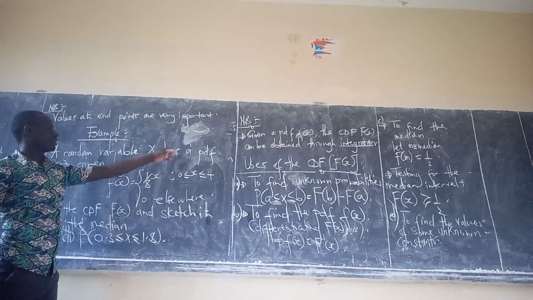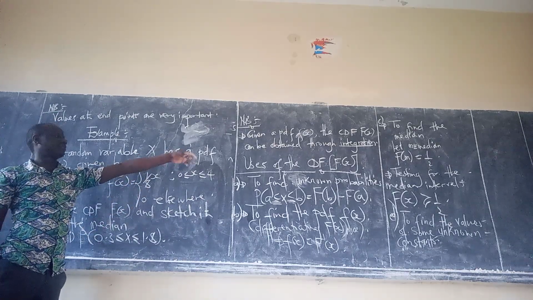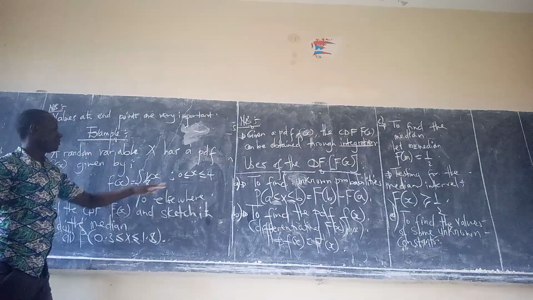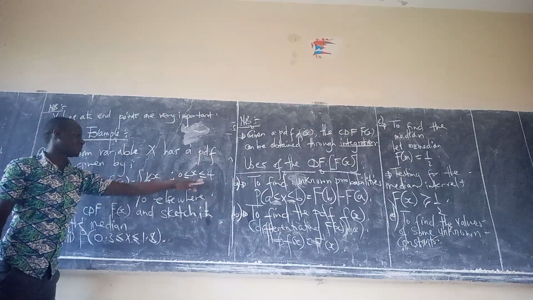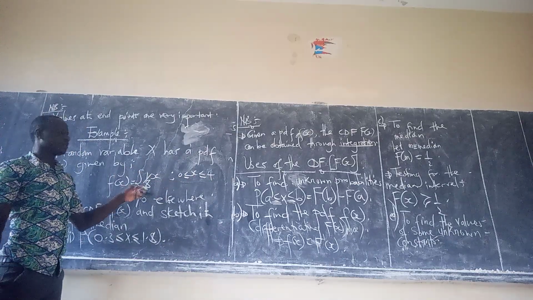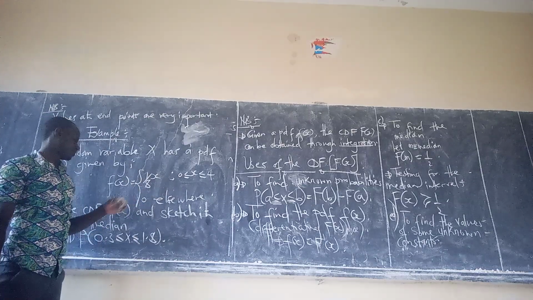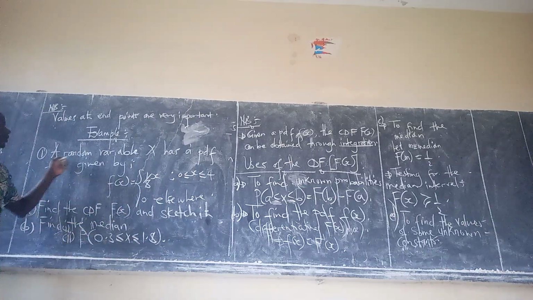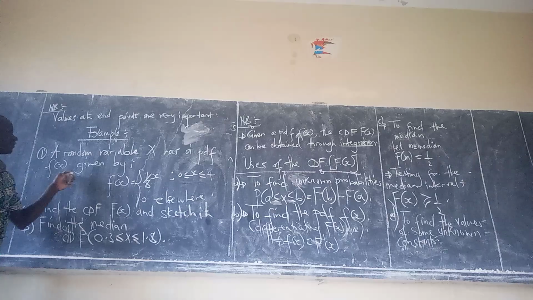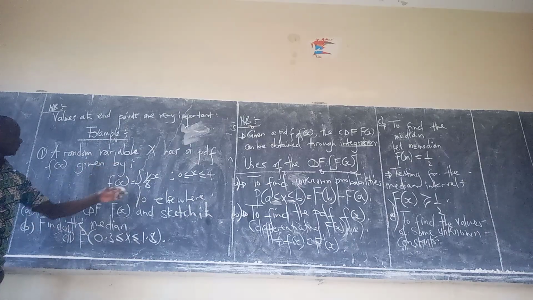Now, in this case, they have already told us that this is a PDF, and because this is a range of values, it means this PDF is for a continuous random variable. So a random variable x has a PDF small f of x given by this.